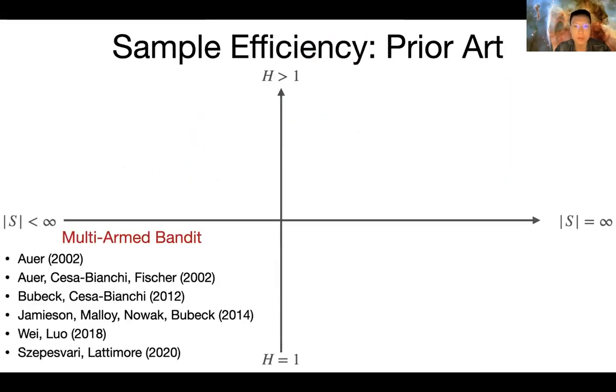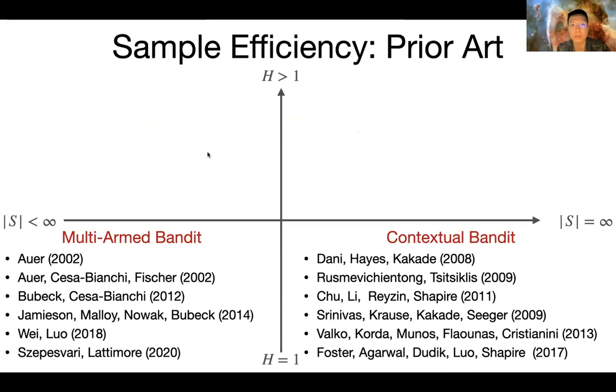In terms of prior existing literature on achieving sample efficiency in the online bandit and reinforcement learning literature, for the case when the number of states is finite and the horizon is equal to 1, there are classical results about multi-arm bandits and contextual bandits.